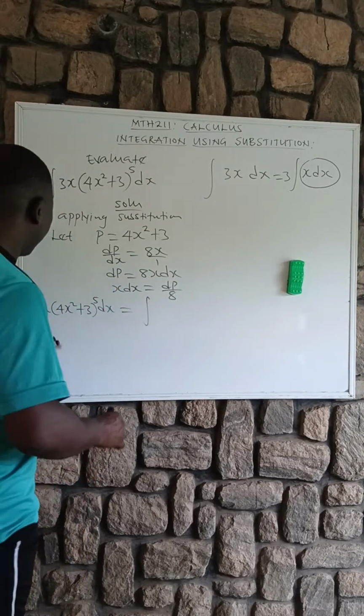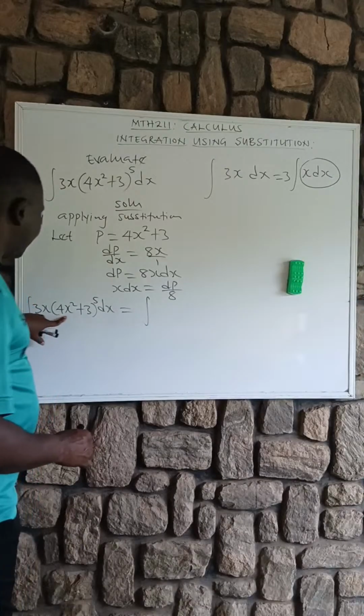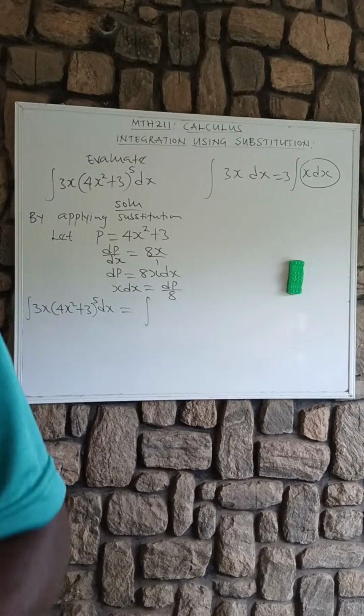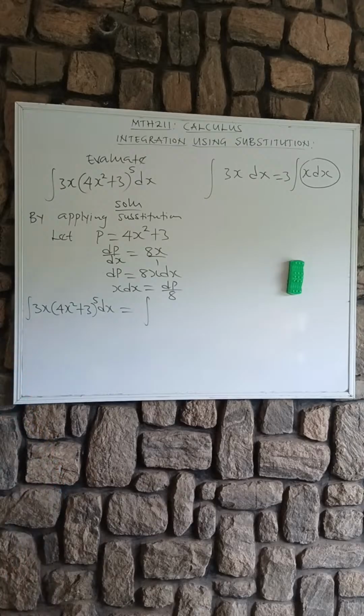What is the bracket? Look at the board very well. The bracket there is 4x squared plus 3.